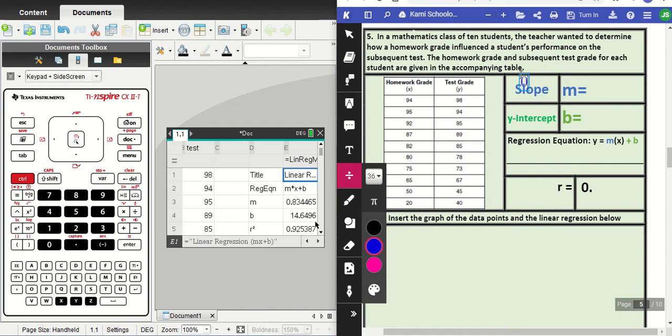So 0.83, and I'm going to keep the first 4. And for the y-intercept, I'm going to type 14.64, and I need the 9. Because remember, we're rounding to 2 decimal places for both of these.